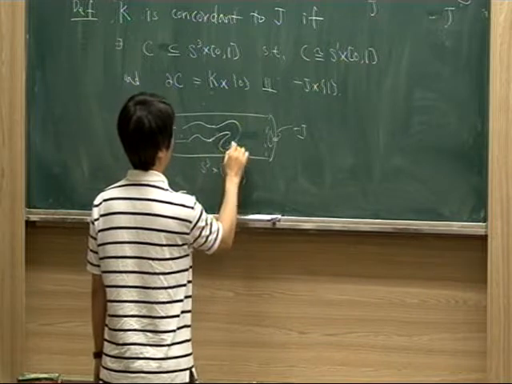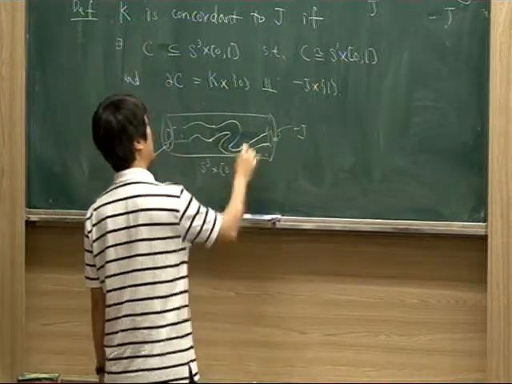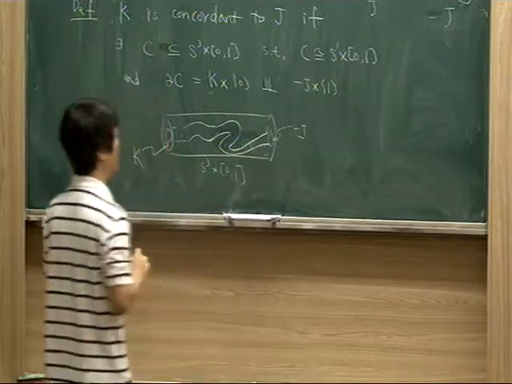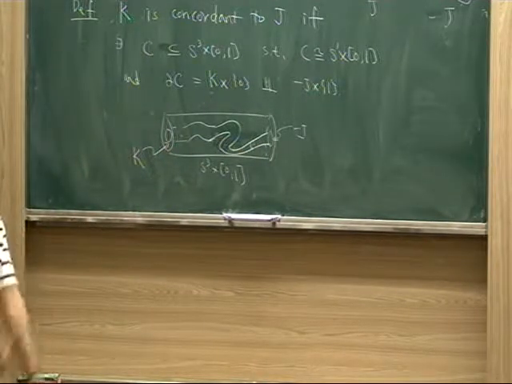So it does not need to preserve the T level. Even this annulus can be knotted inside the four-manifold.